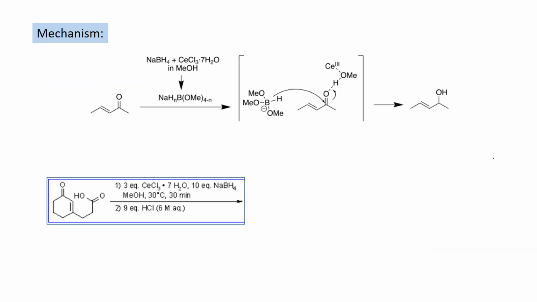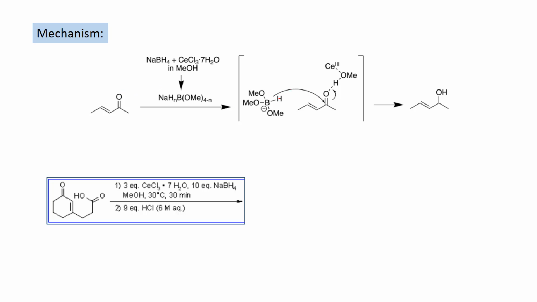So what is the mechanism? You can see the cerium chloride and NaBH4 form this complex in situ, which reacts with the alpha-beta unsaturated carbonyl center. Due to coordination with this one, it gains some electrophilicity.